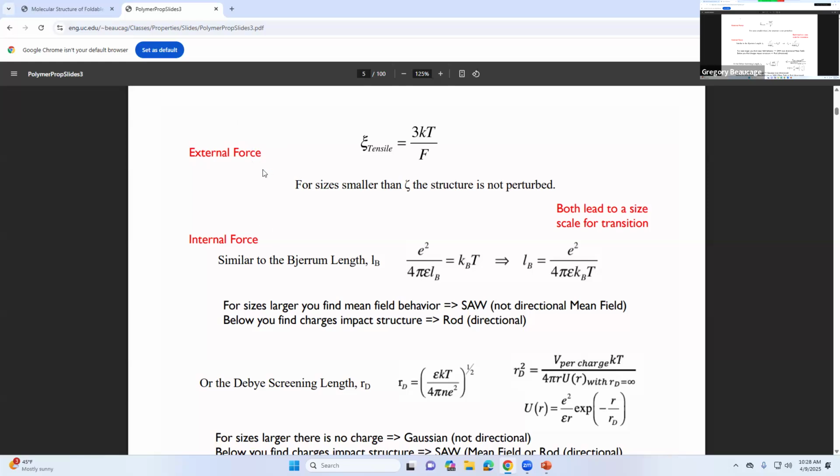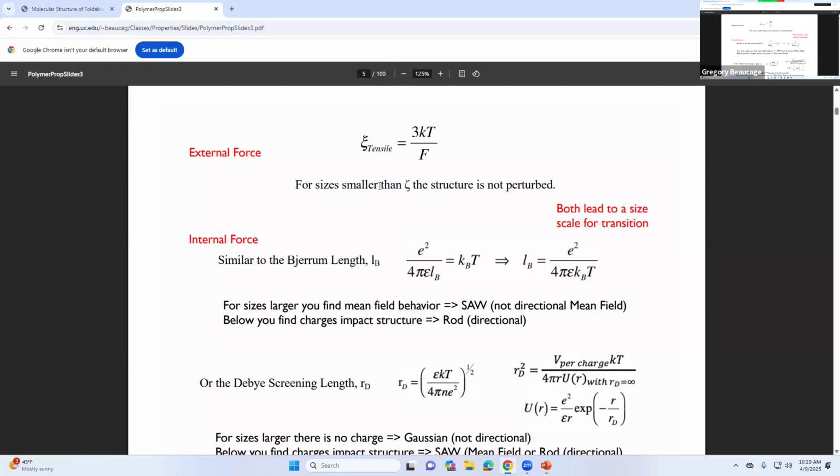You have the universe of external force on it that makes it linear, then random at small scale. You can do an internal and it makes it linear at small scale, which is similar to persistence, which is like the chemical makeup of the chain. Like that's internal. So persistence is linear at small scale, and then you get random at large scale, right? So there's a flip between them, and that's true of all of the blobs.